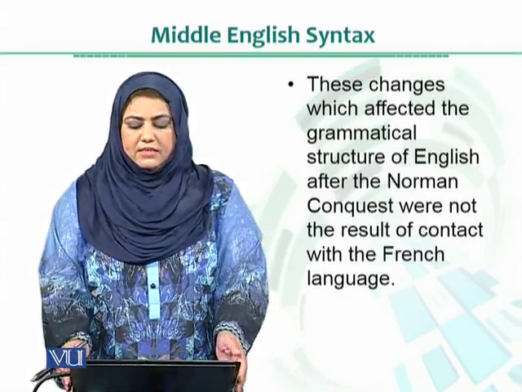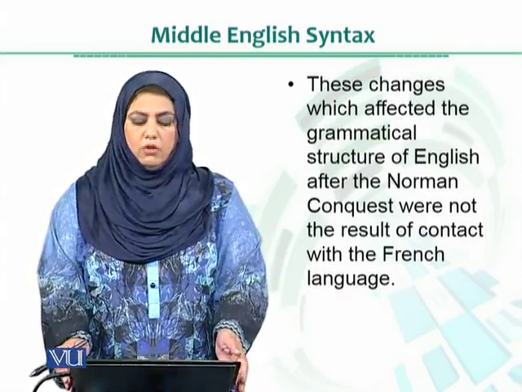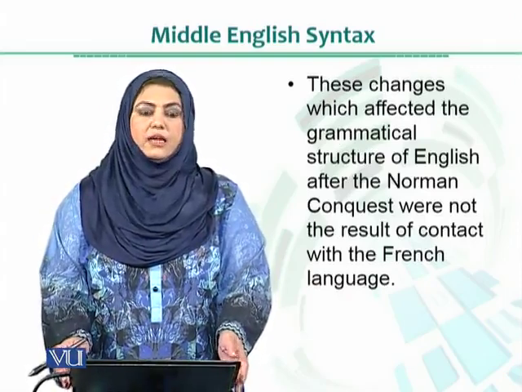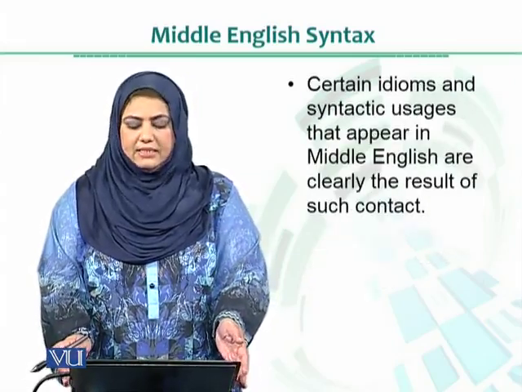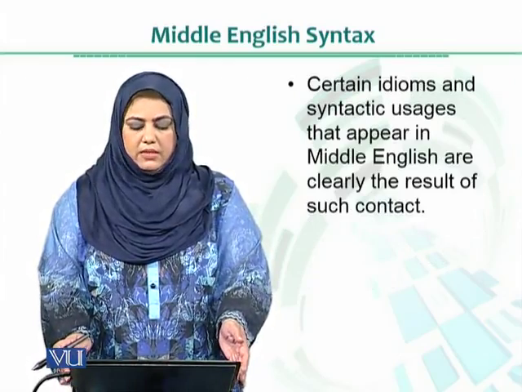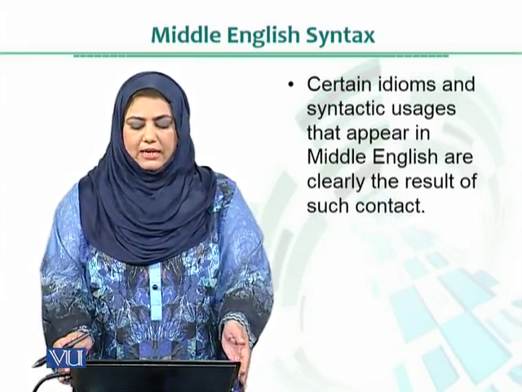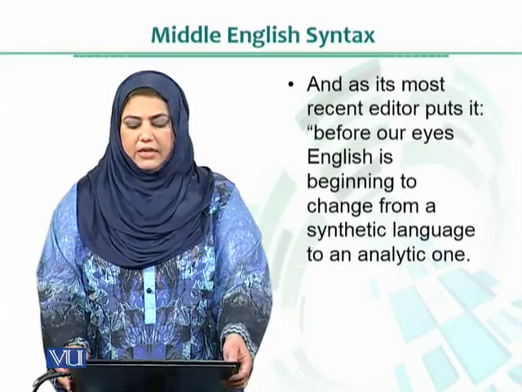These changes, which affected the grammatical structure of English after the Norman Conquest, were not the result of contact with the French language. Certain idioms and syntactic usages that appeared in Middle English are clearly the result of this contact.